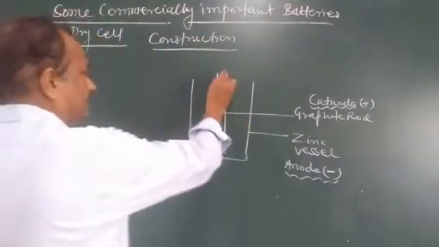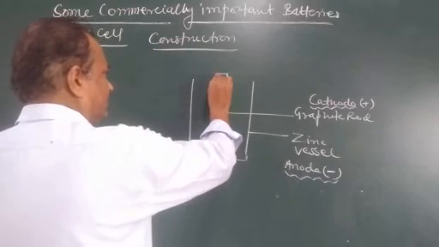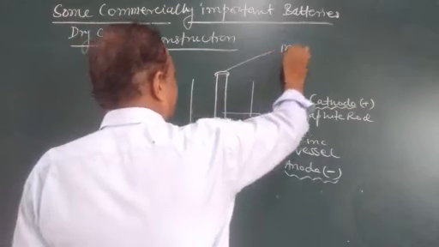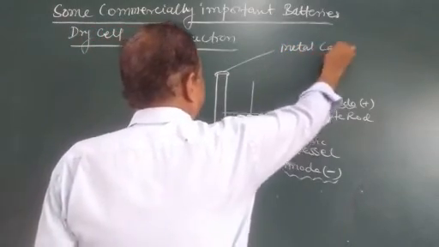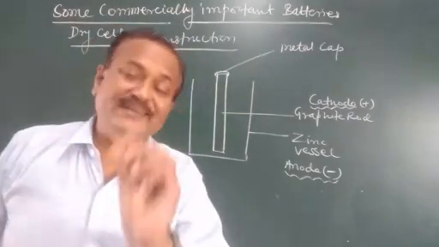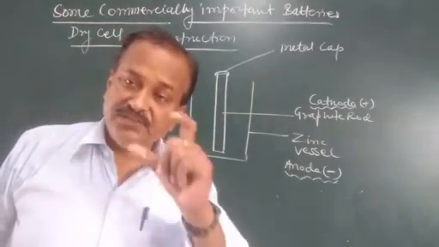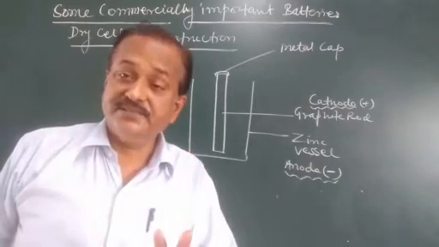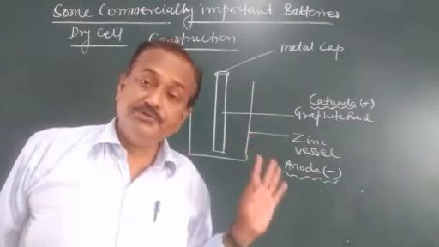Now this graphite rod is covered by a metal cap. There is a metal cap because graphite or carbon is brittle, it may break. Why is the metal cap used?